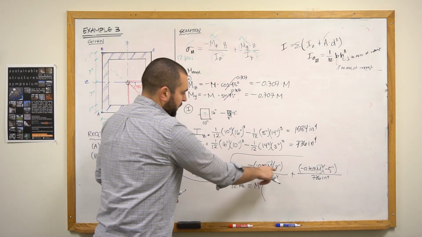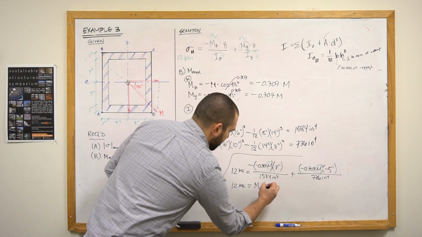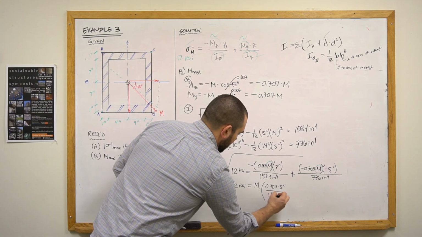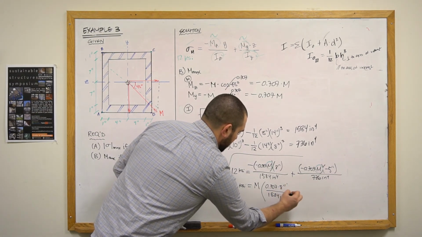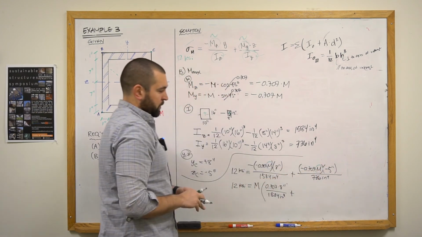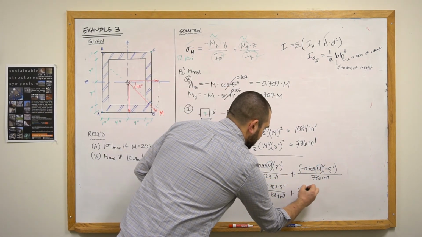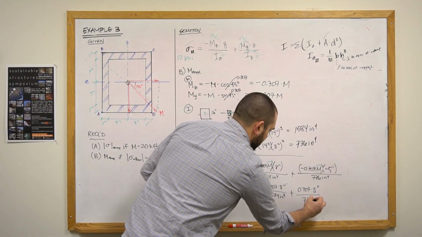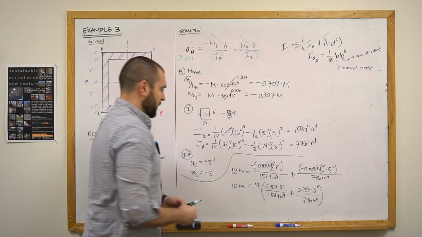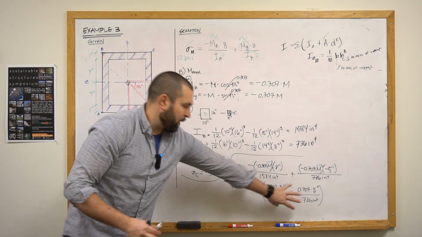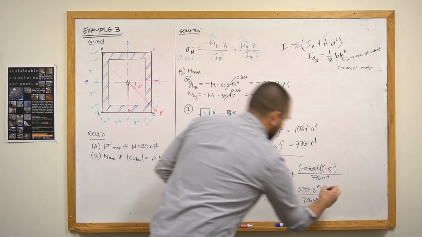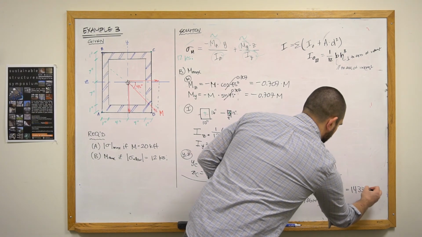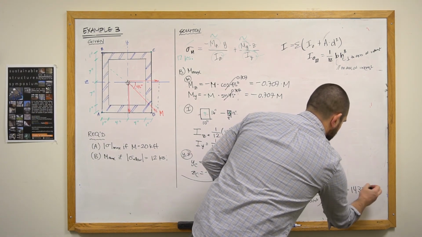So 0.707 times 8 inches divided by 1584 inches to the fourth, plus the rest of the coefficients in this term right here, which is 0.707 times 5 inches divided by 736 inches to the fourth. I just divide both sides by this term right here, and I get the moment equals 1433 kip inches.